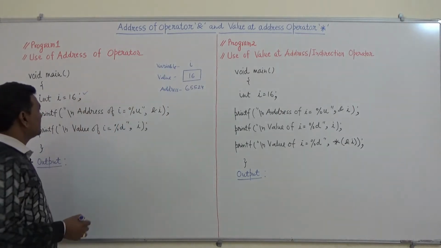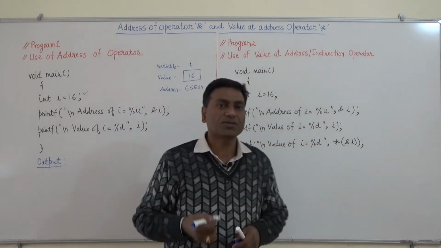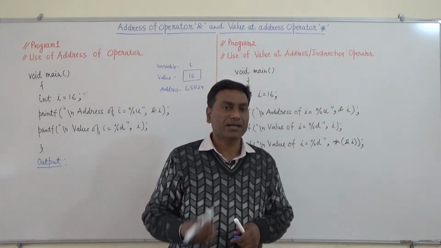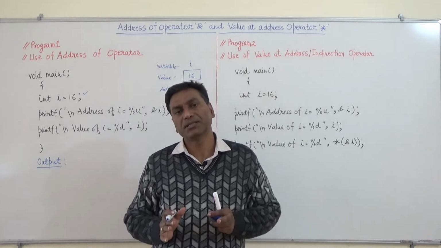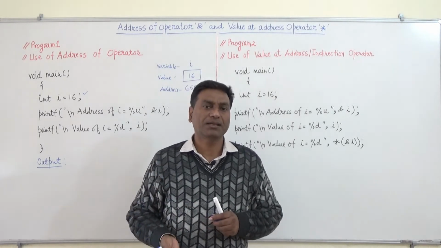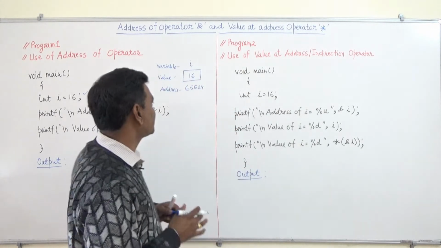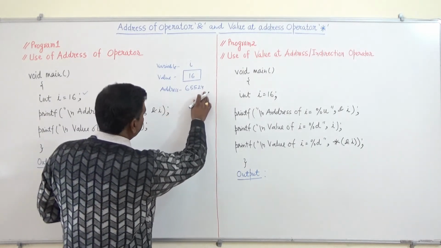So as soon as we assign 16 to the variable I, some location is given to it, and its address is 65524.